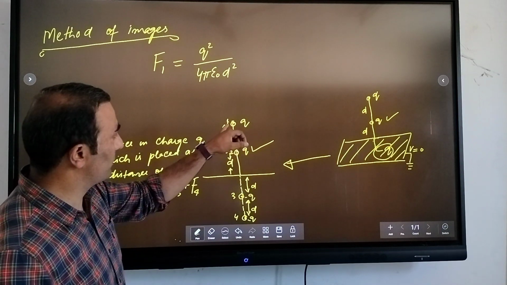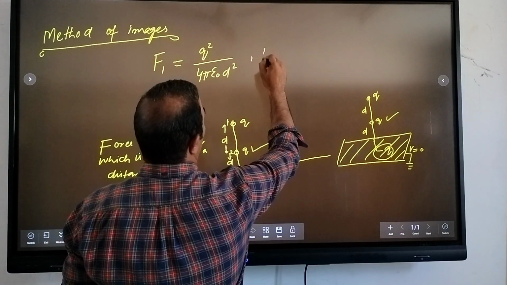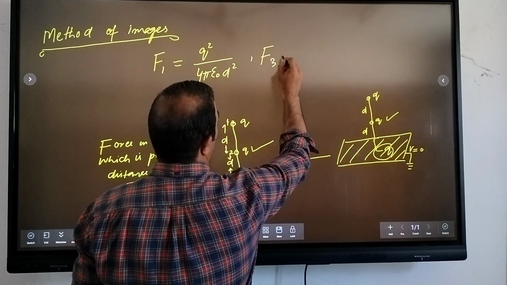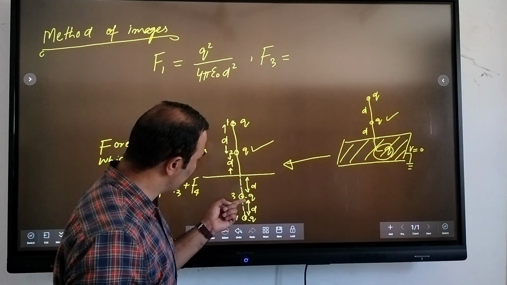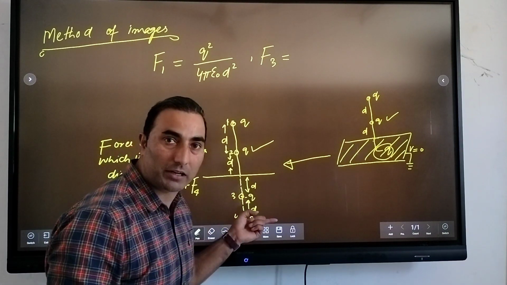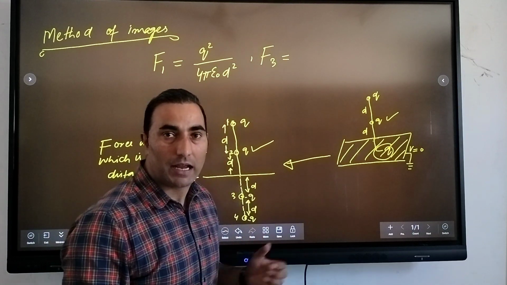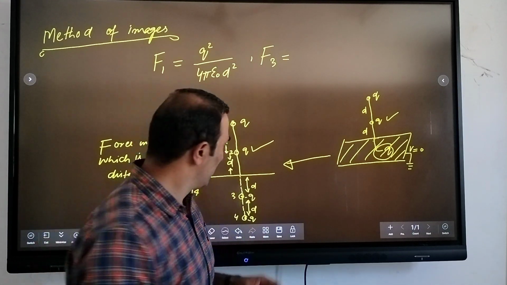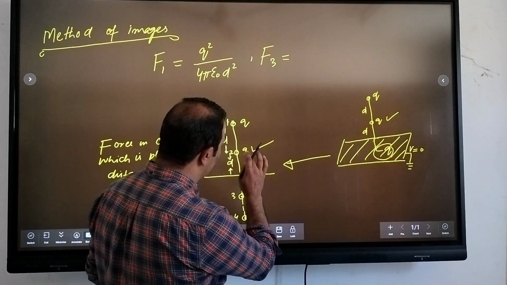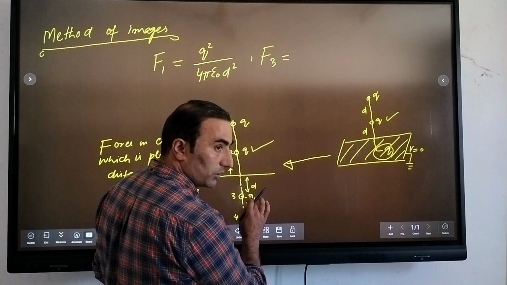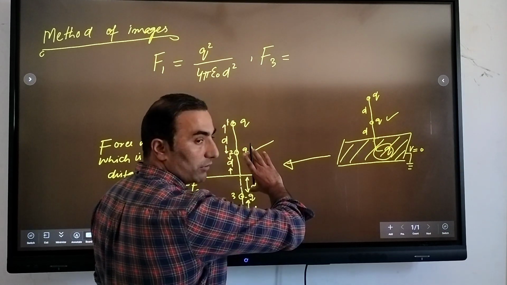Similarly, if you write now what will be our F3, the force due to the image charge placed at a distance d below the metallic plate, the total distance between this charge and the image charge will be 2d.